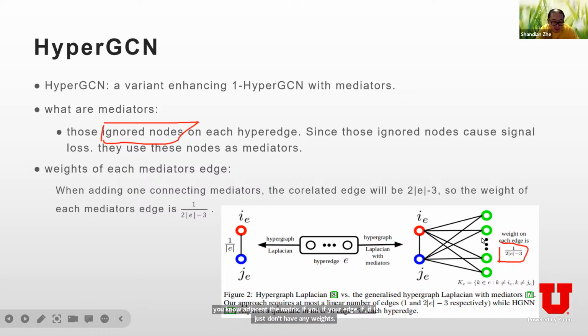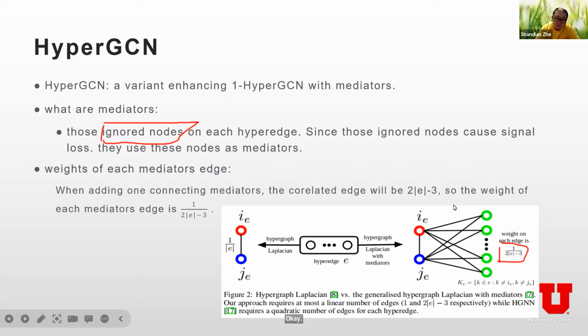If your edge has some weight, you just replace 1 by the weight. Yeah, but my understanding is that this weight is about the mediators' weights, and it shouldn't replace the old hyperedge weights, right? I'm not sure if they add them or just replace.